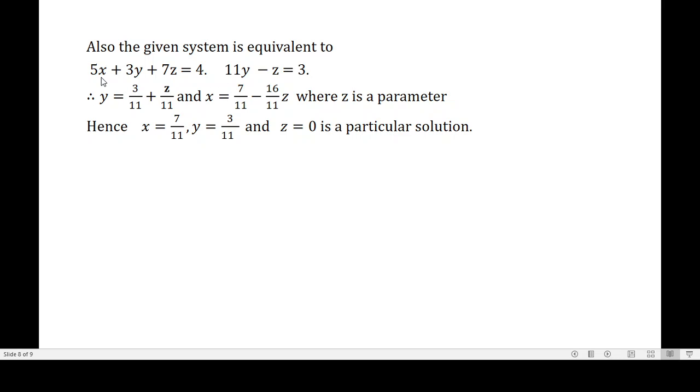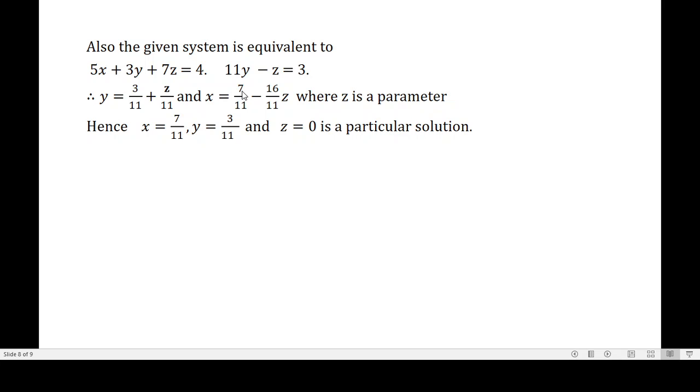Now, from the first equation we have 5x is equal to 4 minus 3y minus 7z, or x is equal to 4 divided by 5 minus 3y divided by 5 minus 7z divided by 5. Substitute for y in terms of z.